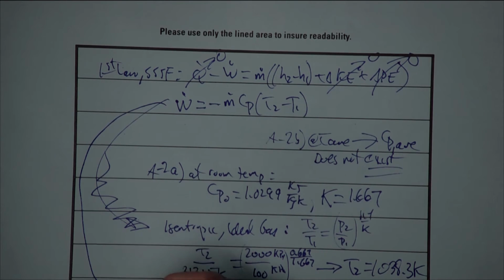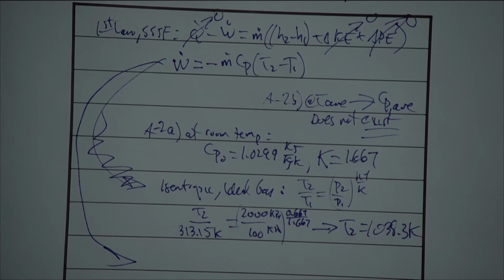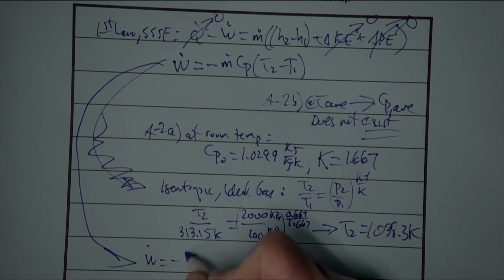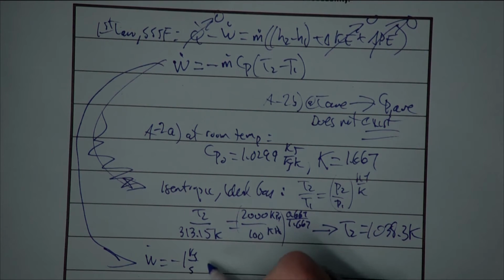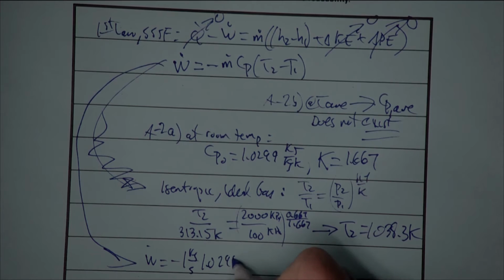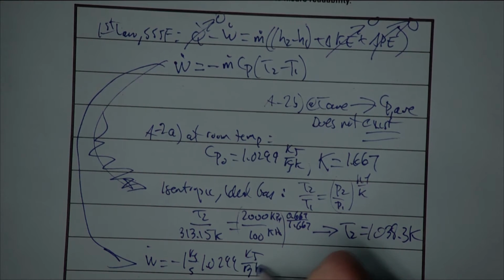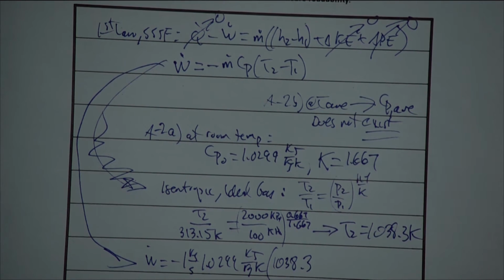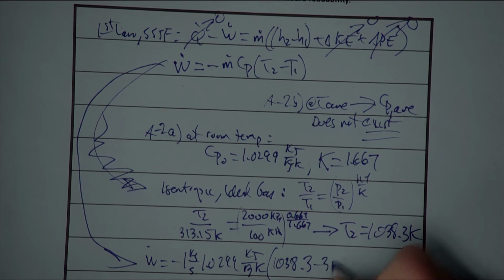Now we go back up to our power equation from the top, our first law. And now we can finish it. So minus 1 kilogram per second, 1.0299 kilojoules per kilogram per Kelvin. I might as well just stick with temperatures in Kelvin, although we have seen in the past that temperature differences in Kelvin and Celsius are both the same, so we could use the temperature difference in Celsius, but I already have my numbers in Kelvin.